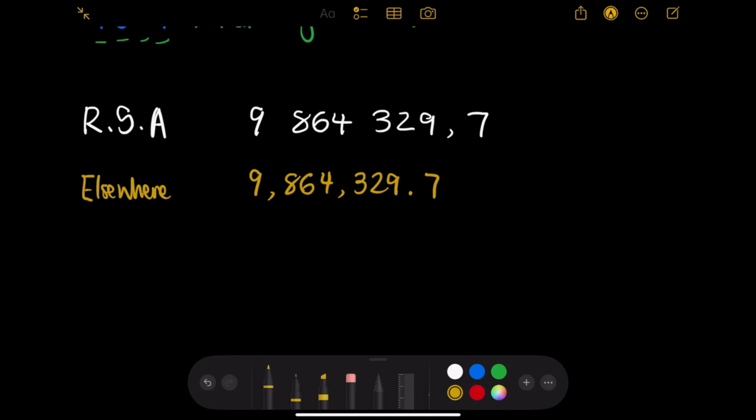So we can see that there are clear distinctions between the two ways. If I am living in South Africa, then I will use a comma for the decimal, and for the spaces between the numbers I would use spaces.